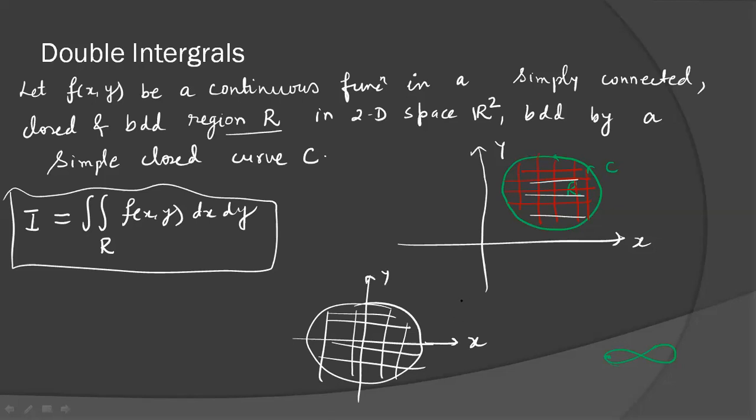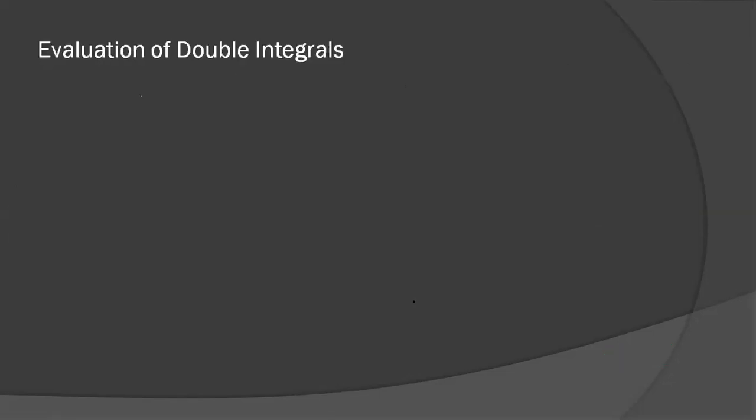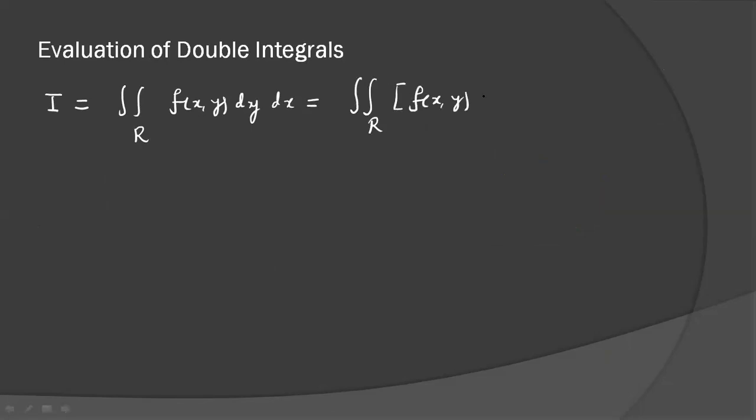So how to evaluate the double integration? Let's see. We have two notations for that. First, if you have double integration in the form f(x,y) dy dx, its meaning is firstly I am going to integrate with respect to y, then we will integrate with respect to x. This is your dy and this is your dx.